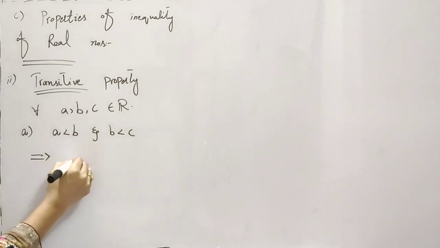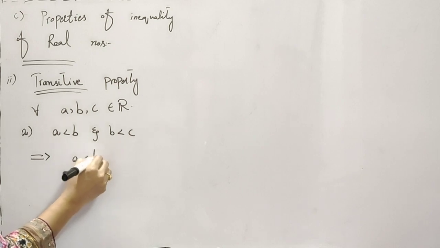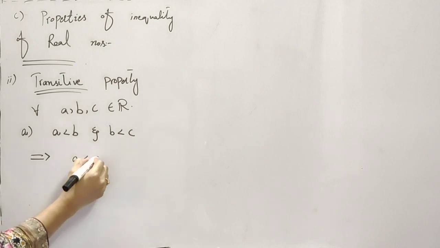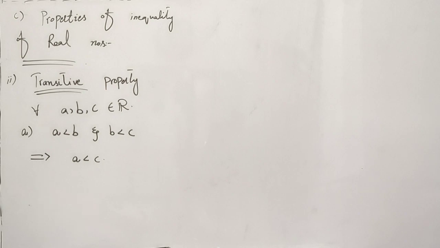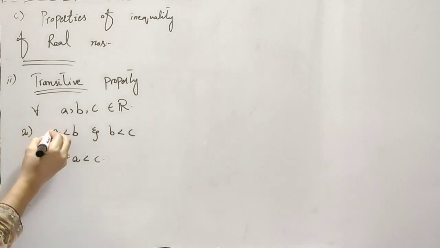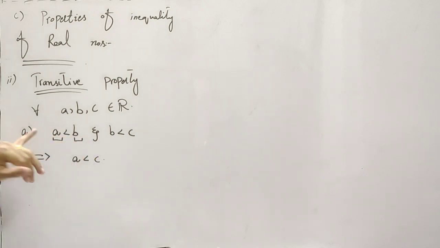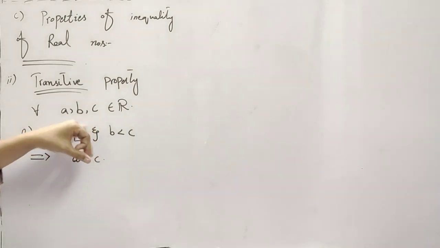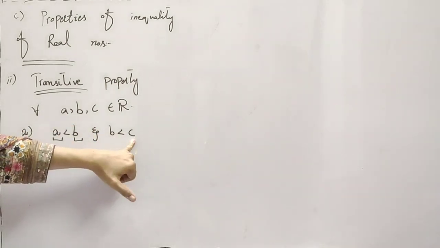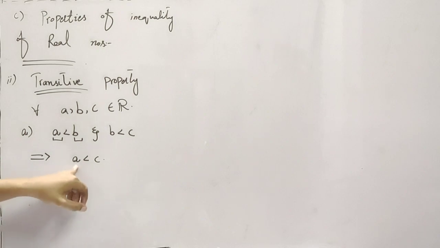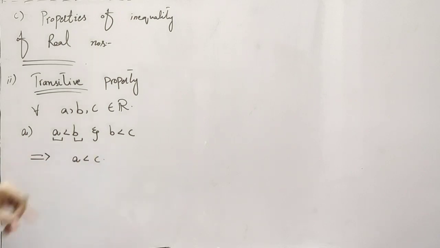It implies that a is also less than c. What does it mean? It means that if you take any three numbers, the first is less than the second and the second is less than the third, then the first number is also less than the third.